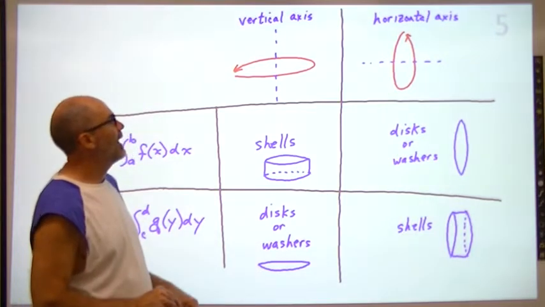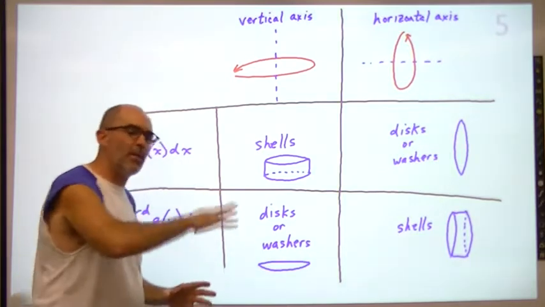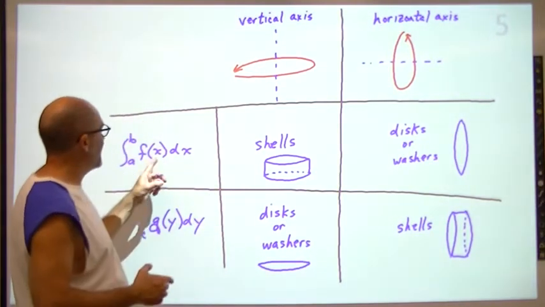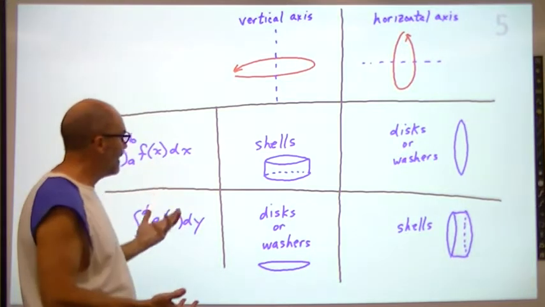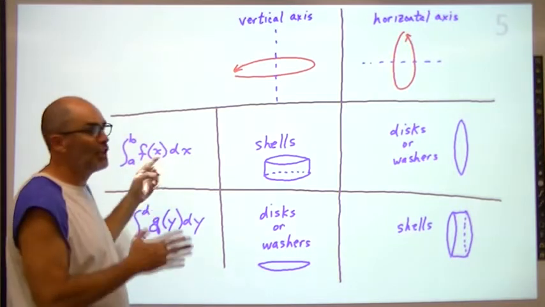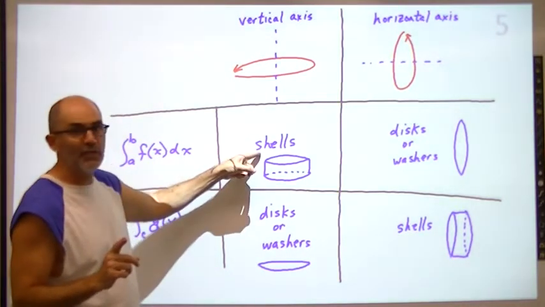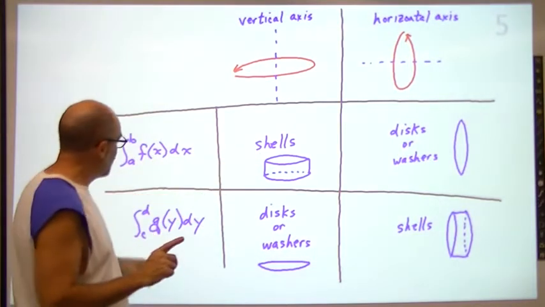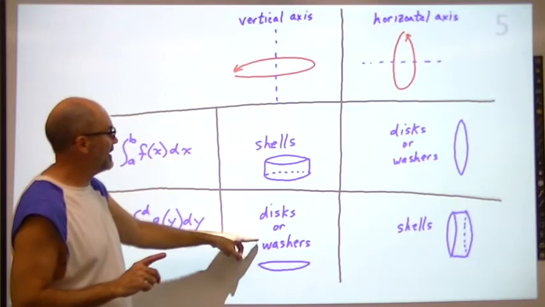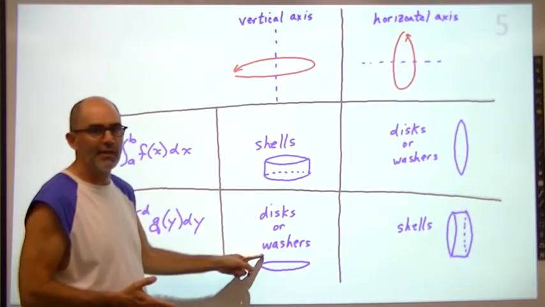Now, this assumes that you can't change from dx to dy. Like if you have a function in x and you can change it to y, then you get to take your pick. But if your function is in x and you can't change it, like that first example we did, you have to do shells. And if your function is in y's and you have a vertical axis and you can't change it out of y's, you have to do disks or washers.